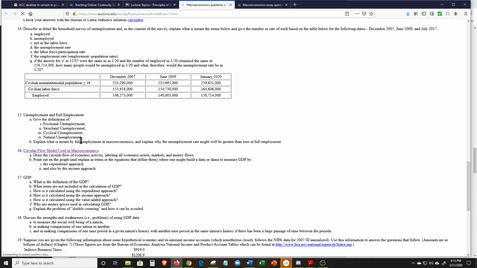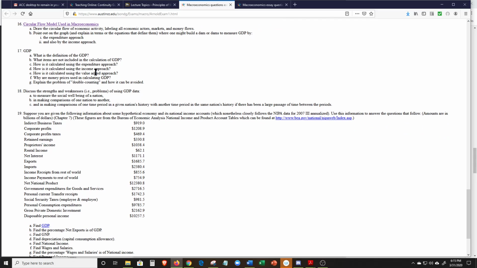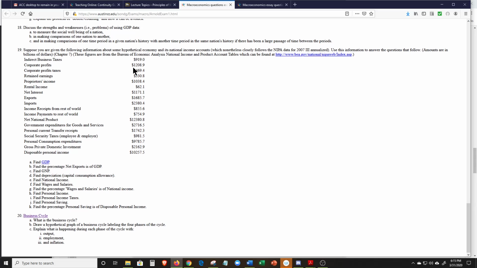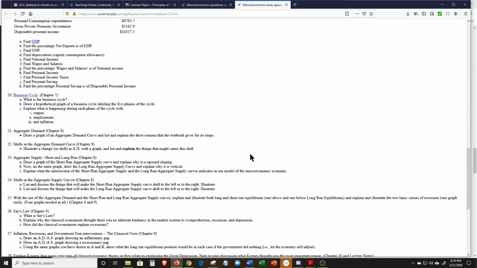And then about employment and unemployment here in 14 and 15. And then we get to the circular flow diagram because we want to talk about GDP, and that helps us talk about it. So GDP, which is a big deal here in macroeconomics, is discussed in, let's just say, 16, 17, 18, 19, and 20. And so now we get really to the theory of macroeconomics.